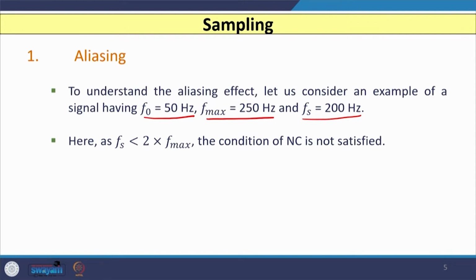According to Nyquist criteria, your Fs, which is 200 hertz, is lower than 2 times F max, that is 2 times 250, which is 500 hertz. So, 200 hertz is lower than 500 hertz. So, the Nyquist rule or criteria is not followed, and it may lead to the 3 different effects as I told you.